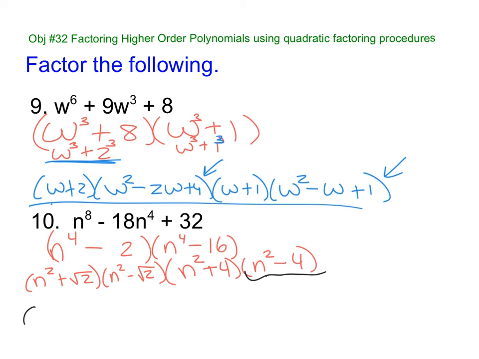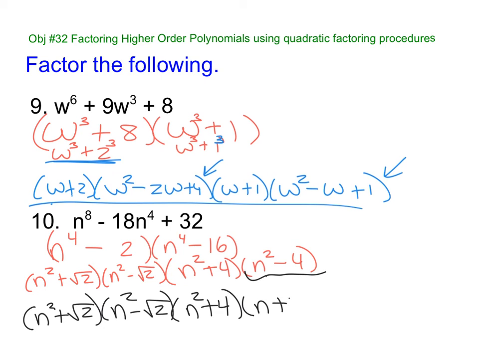So I'm going to leave my final answer as n squared plus root 2, n squared minus root 2, n squared plus 4, n plus 2, n minus 2. Or if you want to go even further, I know, you guys are just rolling your eyes at me. I'm okay with that.